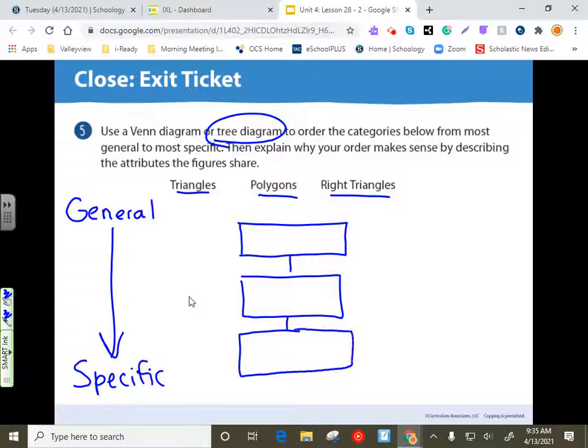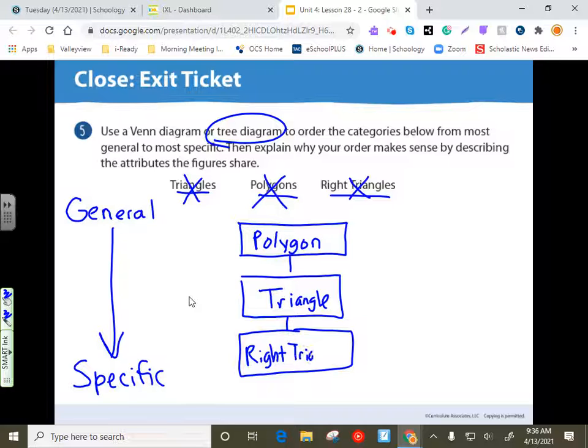And our most general of the three is the polygon. A polygon is just an enclosed figure with straight sides. Now I have triangles and right triangles left. Well, I know triangles are pretty basic, a three-sided figure. And then that leaves me with right triangles, because that's a triangle that has at least one of the angles being a 90-degree angle. So that's our tree diagram and our hierarchy, with our most general at the top, most specific at the bottom.